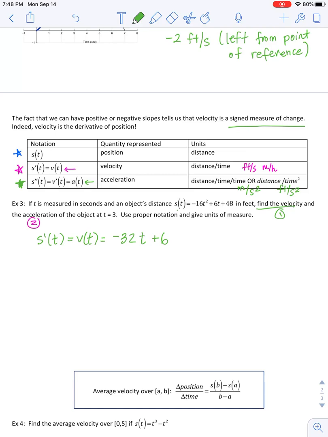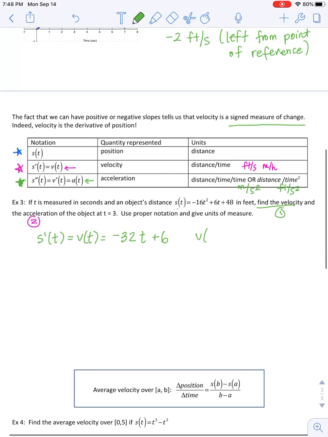And I'm supposed to figure out that velocity at t equals 3. So I'm going to go ahead and show working to the side here, v of 3 equals negative 32 times 3 plus 6, which I think is negative 90 feet per second, because it does ask us to include units of measure. Okay, this is my math right there, negative 96 plus 6.